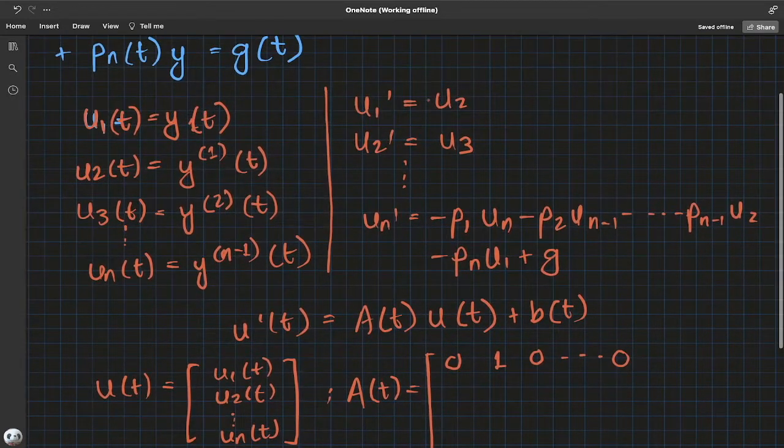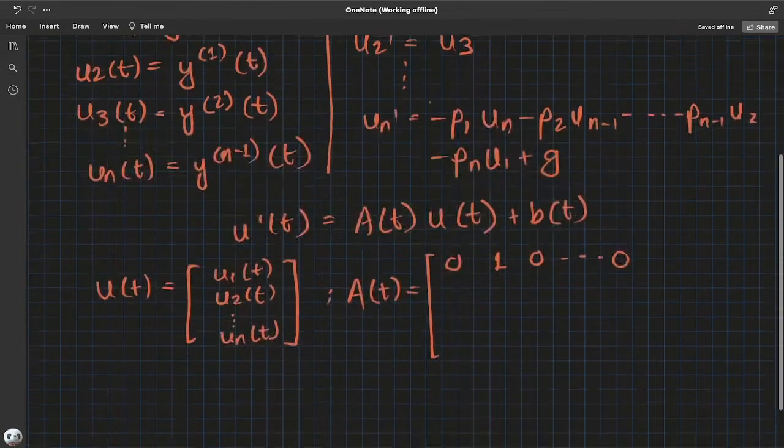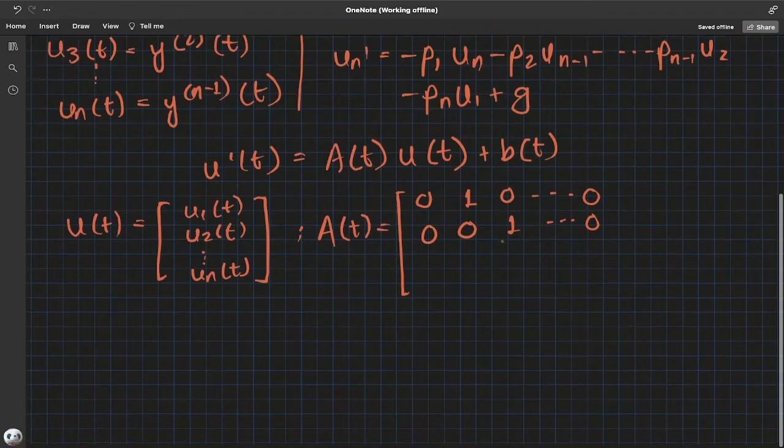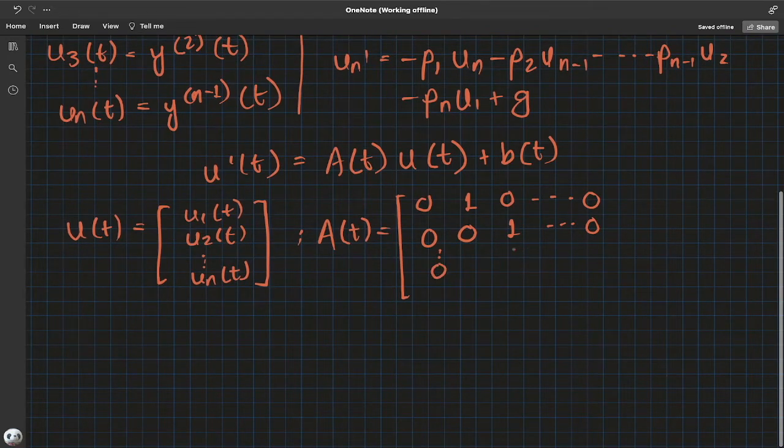I mean, you find this out by looking at these equations. You need a 1 for the U2, so 1 on the second column, 1 on the third column, and then finally the 1 in the last column.